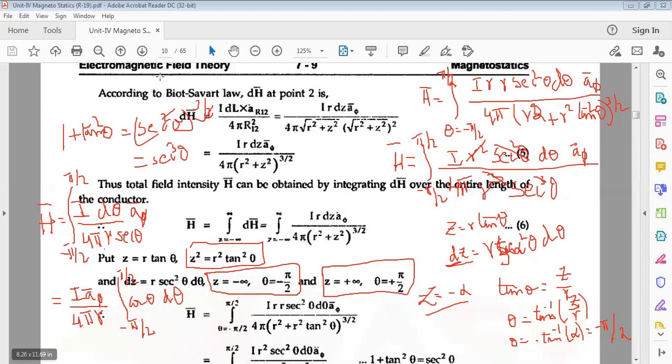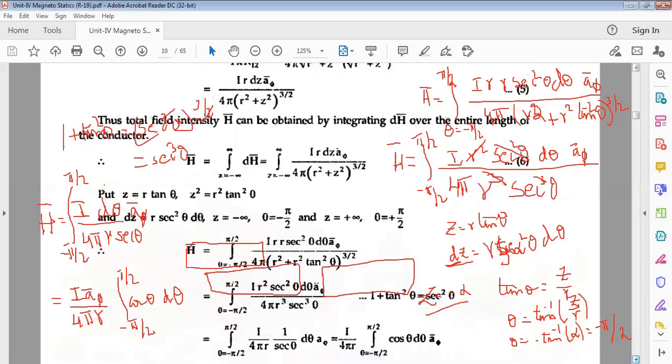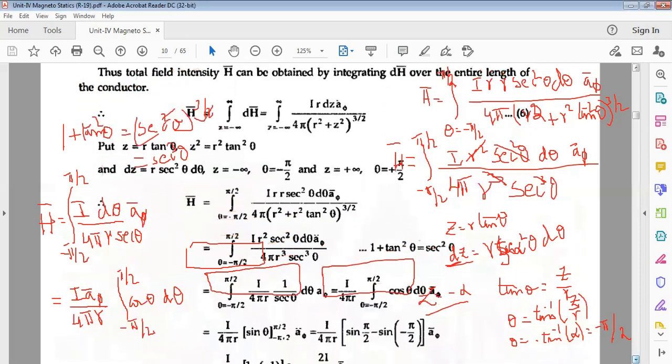Now we got that. See, cos theta d theta, a phi bar also. What is the integral of cos? It is sine theta. So I into a phi bar, whole divided by 4 pi r, and sine theta.